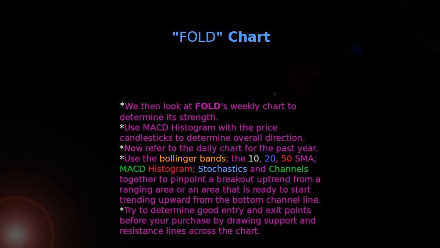Use the Bollinger Bands, the 10-day, 20-day, and 50-day simple moving average, MACD histogram, stochastics, and channels to pinpoint a breakout uptrend from a ranging area or an area that is ready to start trending upward from the bottom channel line. Try to determine good entry and exit points before your purchase by drawing support and resistance lines across the chart.